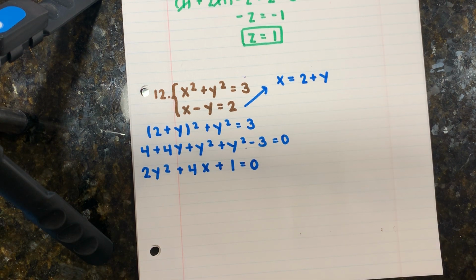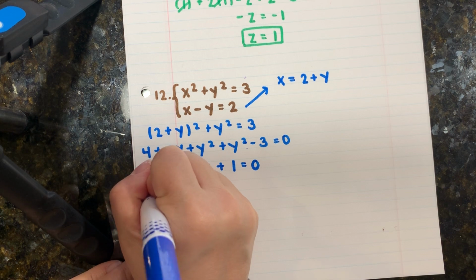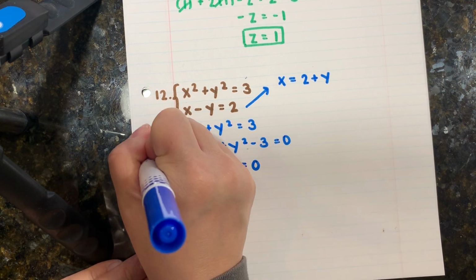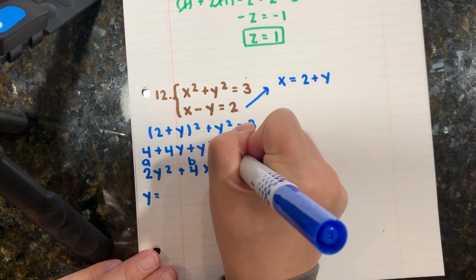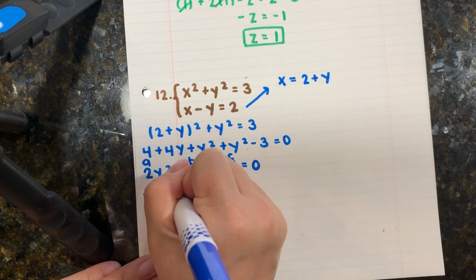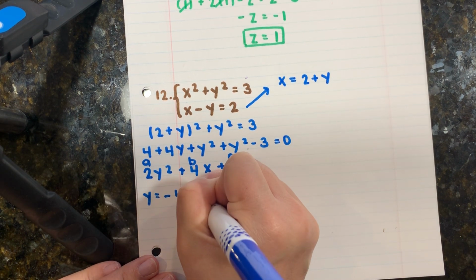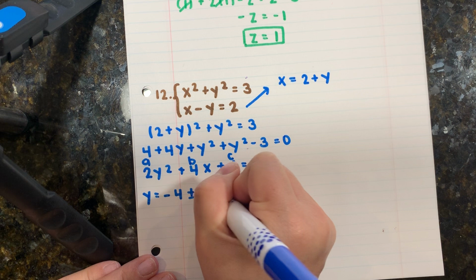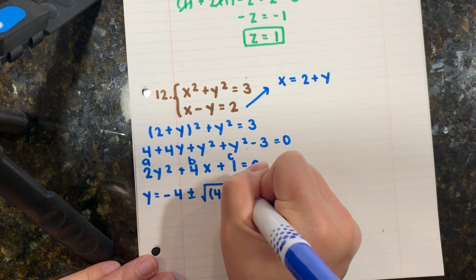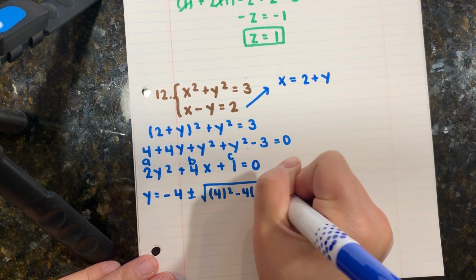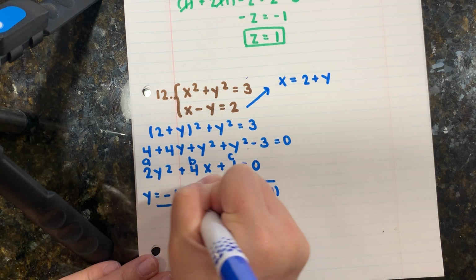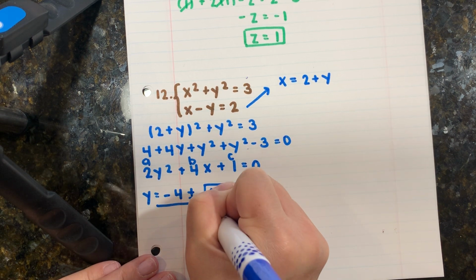And now I'm going to solve using the quadratic formula. So y is equal to, this is my a, this is my b, and this is my c. Y is equal to negative b plus or minus the square root of b squared minus 4 times 2 times 1, all over 2 times 2.